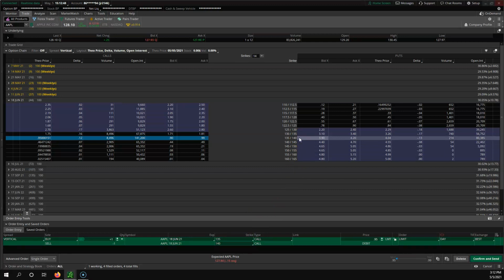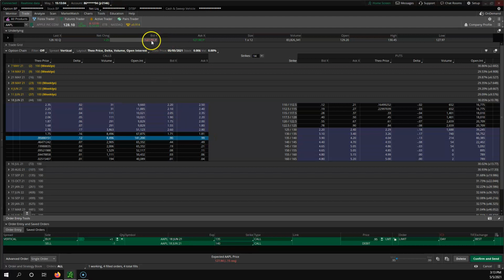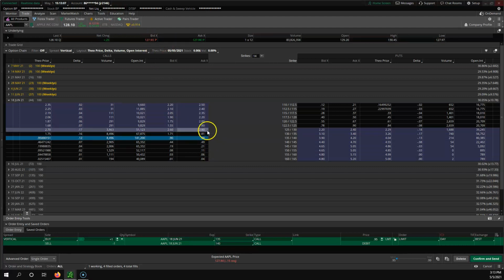Now, if all of a sudden we take this trade today, and by next week with 44 days, let's say we're at 138. All we need to do is come over here and look at what the 125, 130 is, right?